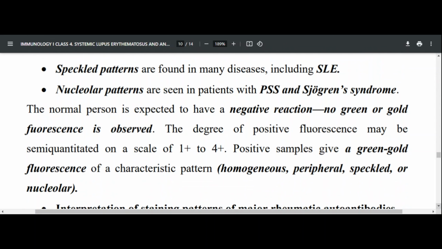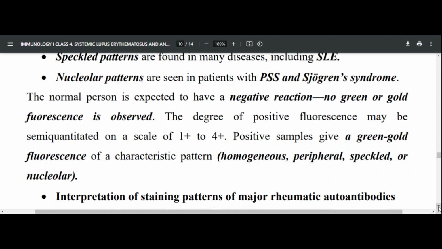The degree of positive fluorescence may be semi-quantitated on a scale from 1 to 4 plus, and positive samples give a green-gold fluorescence, which is of course a characteristic of homogeneous, peripheral, speckled, or nucleolar reaction.